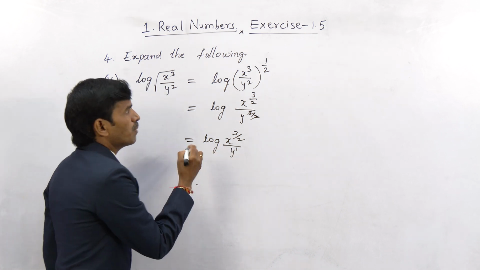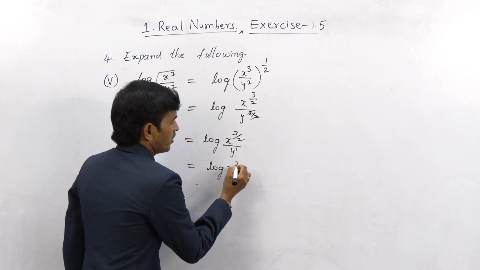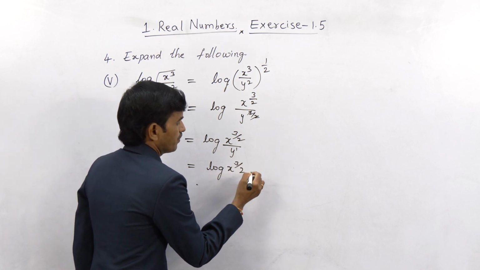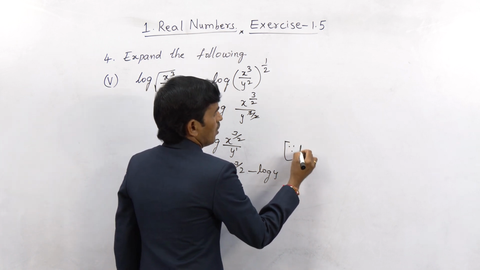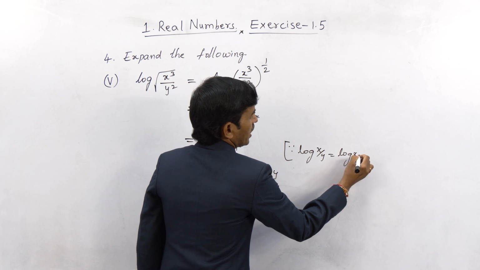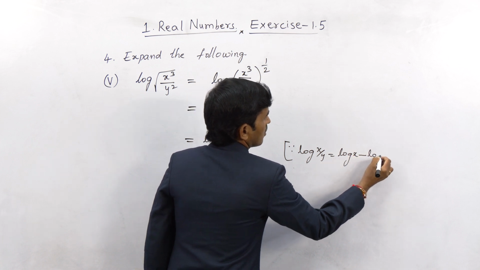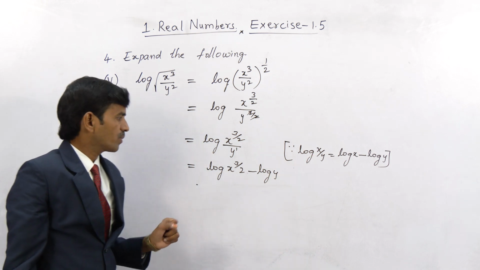Now we can apply here logarithm of x power 3 by 2 minus logarithm of y, since we know that log of x by y is equal to log x minus log y according to the quotient rule.